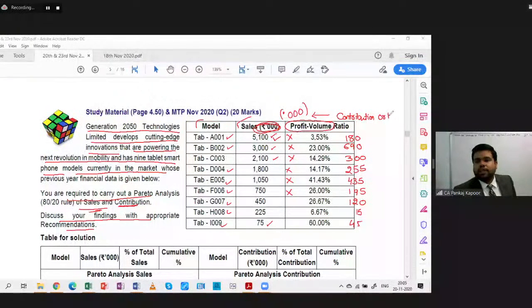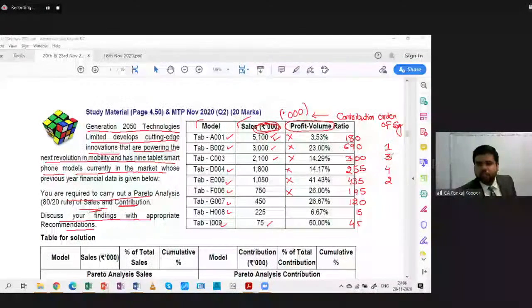Tell me the order of significance for the contribution. 690 is the highest figure, so it will become 1. Then 435 is the second highest. Then C3 is the third highest.